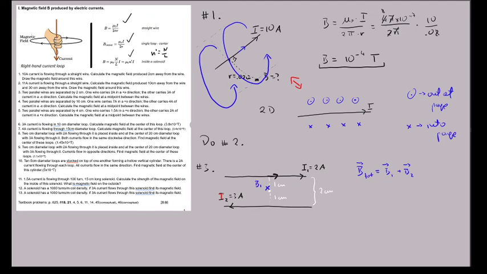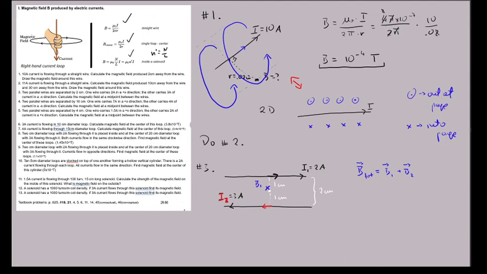Now, maybe we'll do B2 in red. Let me redraw this in red here. So here's a current in this wire that flows in this direction. Let's determine the magnetic field that this current sets up at the center point. Take the thumb of your right hand, make it point in the same direction as this arrow.